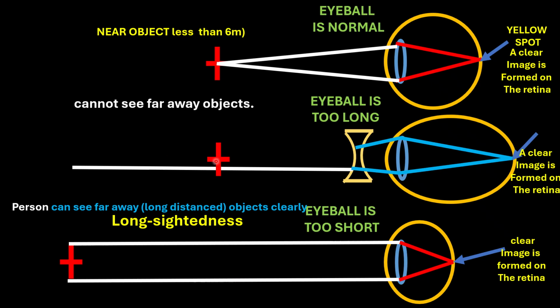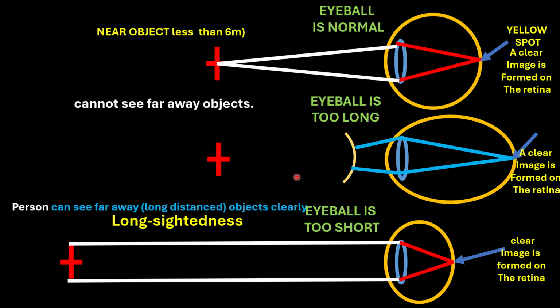However, when you bring the object closer to him, he or she is able to see. In other words, this person can only see short distance objects clearly without any further assistance. This person is therefore declared short-sighted, because the person can only see objects that are within a short distance.